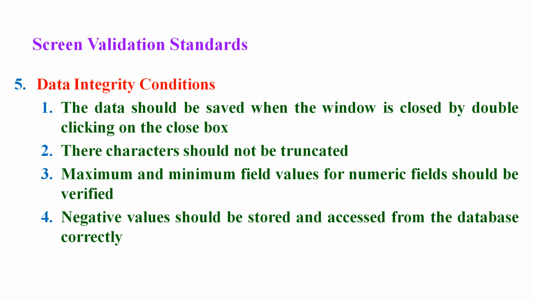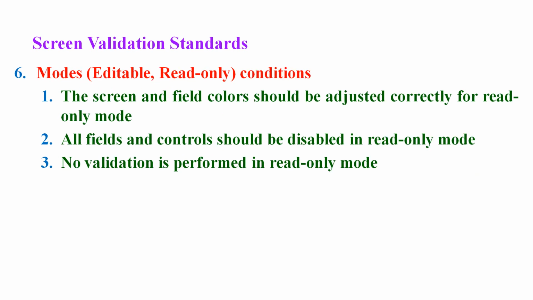Negative values should be stored and accessed from the database correctly. Even for negative values, the values should be stored in the database properly and correctly, and whenever you want, the negative values should also get fetched from the database.